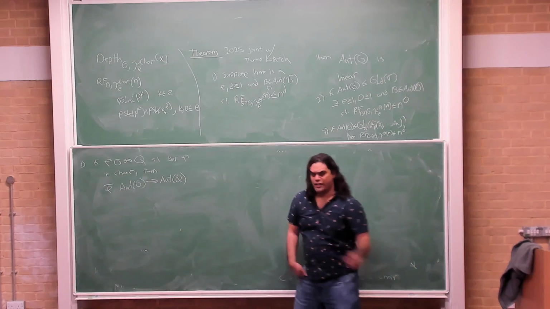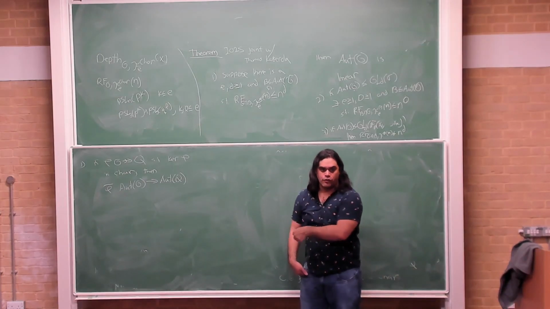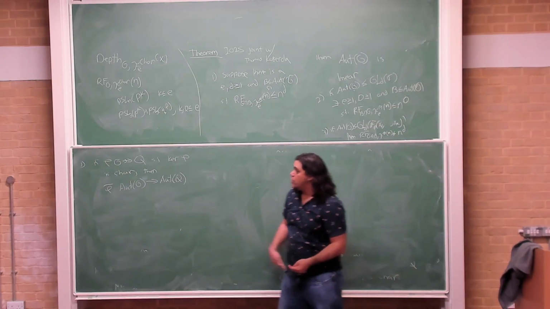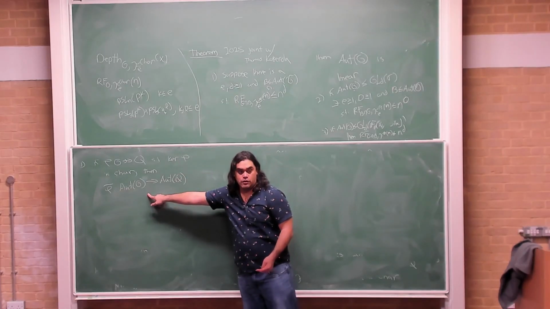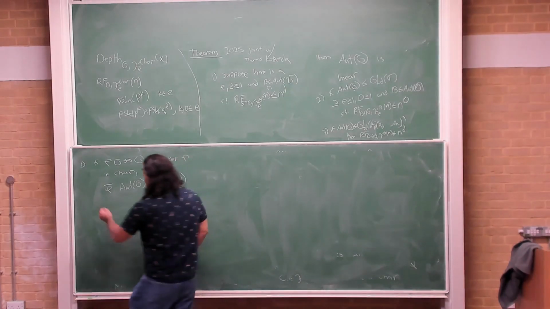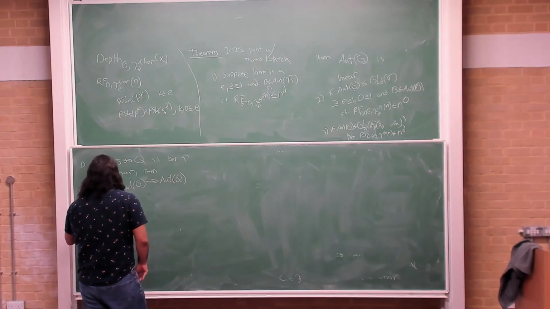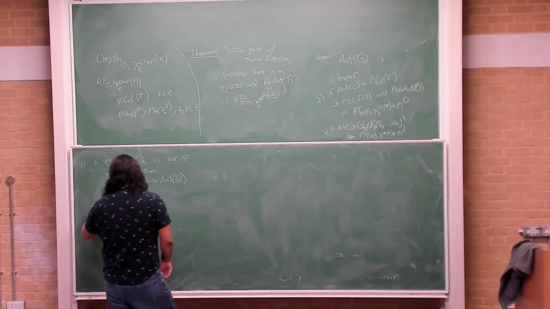So if I have a surjective epimorphism to some group where the kernel is characteristic, then I get a morphism this way. Two, we want to note the following.